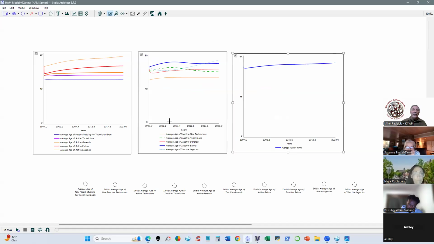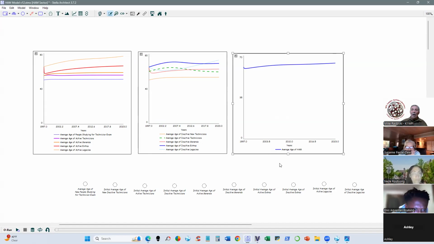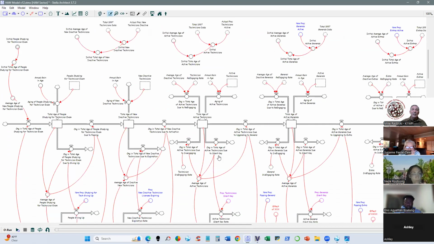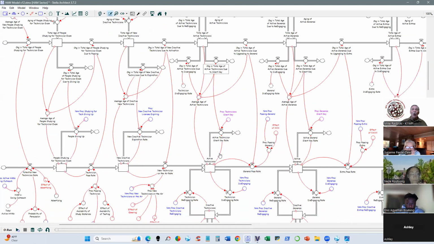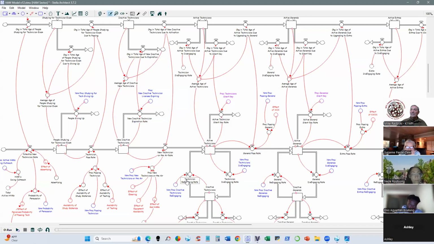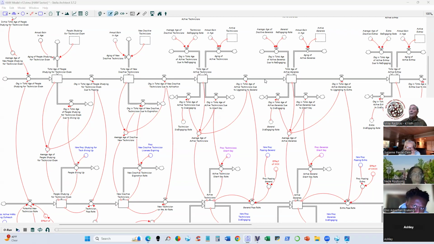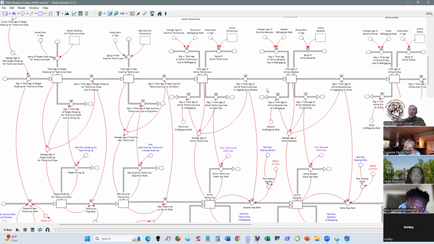And I have the average age of all the various stocks down here, right? So all of this stuff here is CoFlows to this. So when somebody starts studying for the test or becomes a technician or becomes a general, they have to bring their age with them as they get to the next level of ham radio.